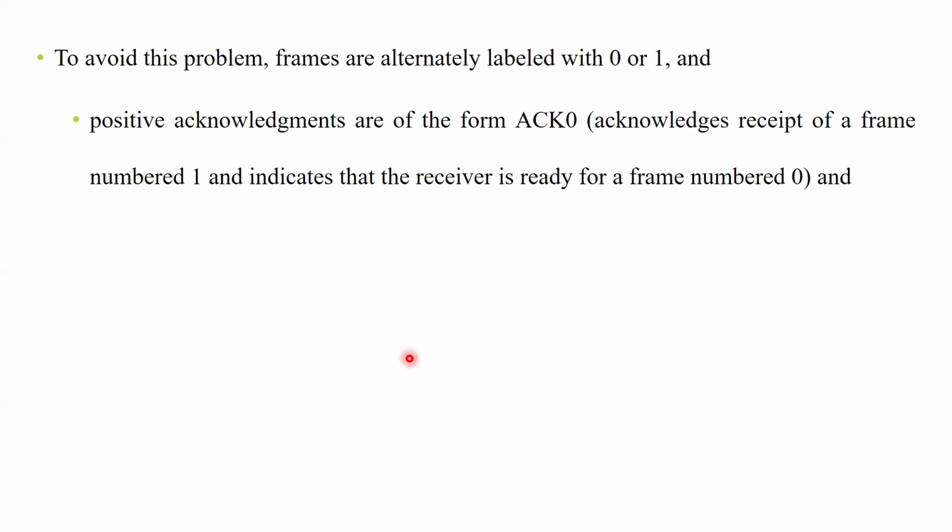The positive acknowledgement form is an acknowledgement with 0. Here an acknowledgement of 0 means it acknowledges the receipt of frame number 1 and indicates the receiver is ready for frame number 0.